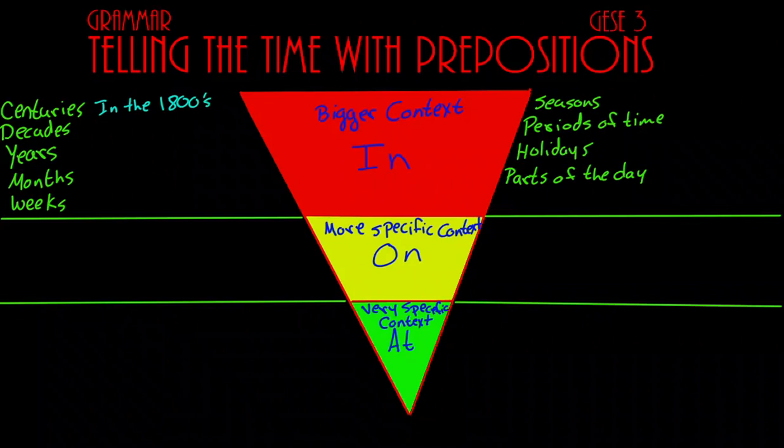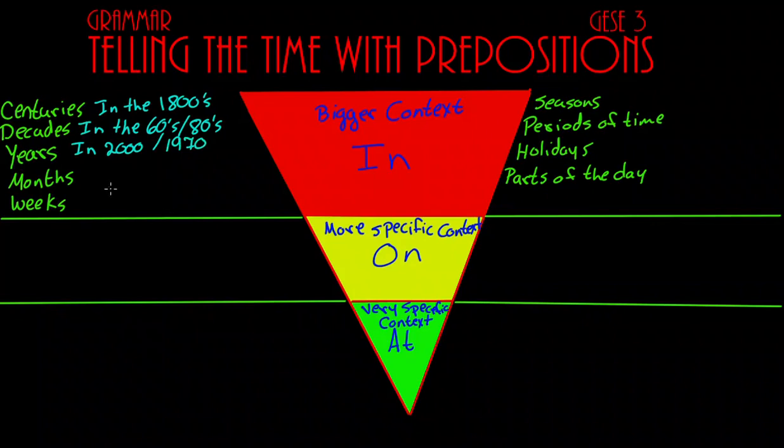If we talk about decades, we might say in the 60s or in the 80s. If we talk about years, we might say in 2000 or in 1970.